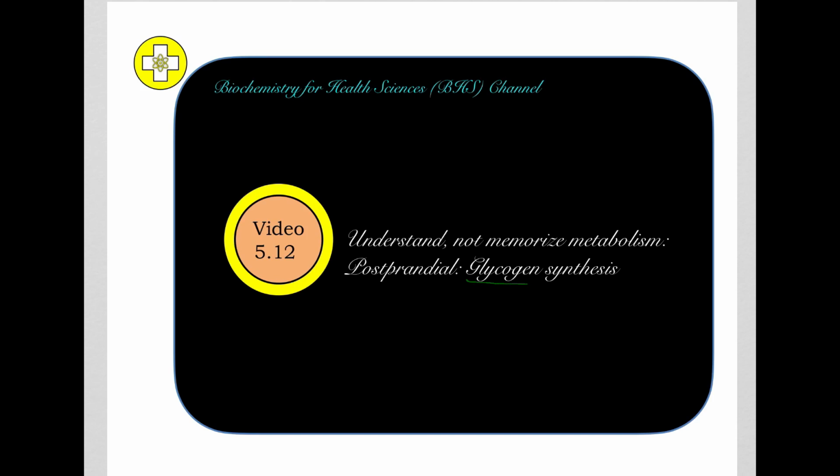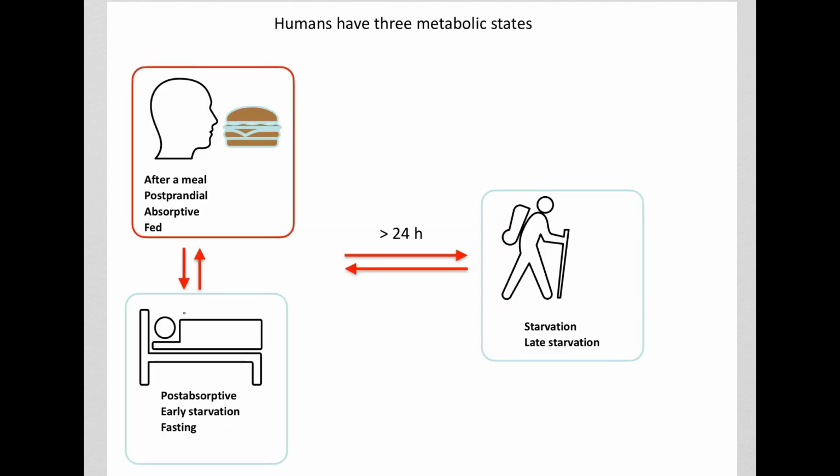In today's video, we shall talk about this metabolic pathway called glycogen synthesis. As we mentioned in previous videos, humans have three metabolic states: the postprandial, what happens after a meal, early starvation, and the late starvation state.